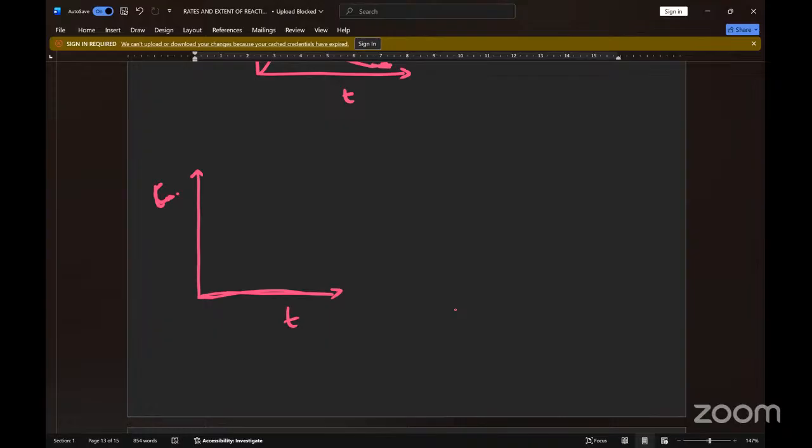So the product graph goes like this, slows down like this, and then flattens out. Okay. So there are three stages here. The first part here, from here to here, we say it is fast, or the slope or gradient.